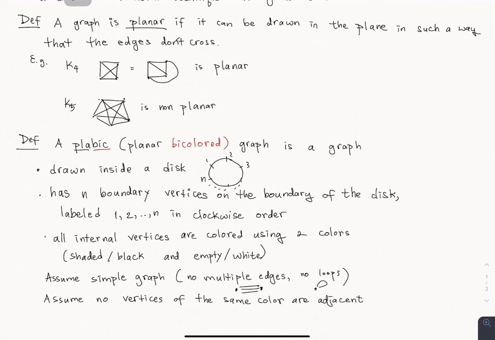Note that this is the same restriction as saying that we want a bipartite graph for the internal vertices. We also assume that the graph is connected.